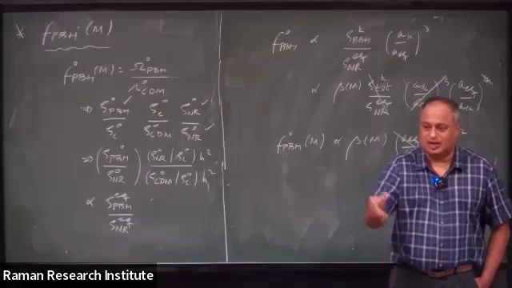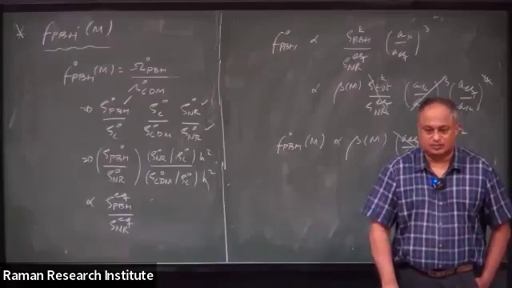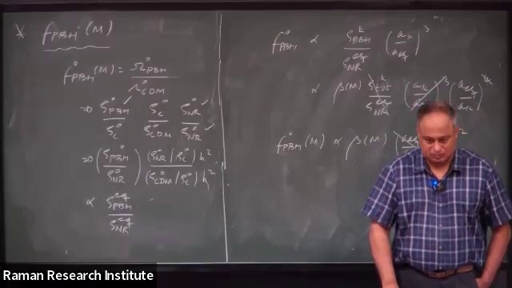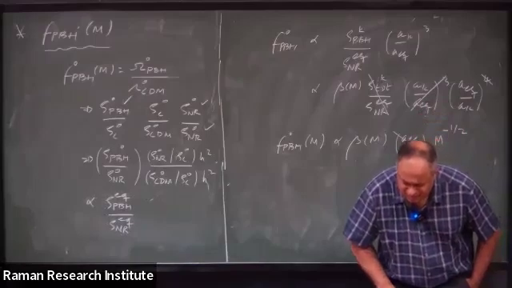Avi, can you speak into the microphone? The fraction of the mass inside the Hubble radius that actually collapses to form a black hole when the k mode enters the Hubble radius, that gamma, of course depends on delta critical, right?